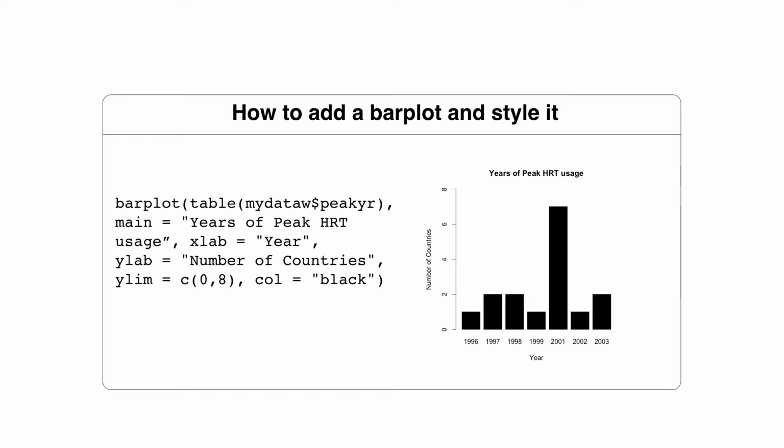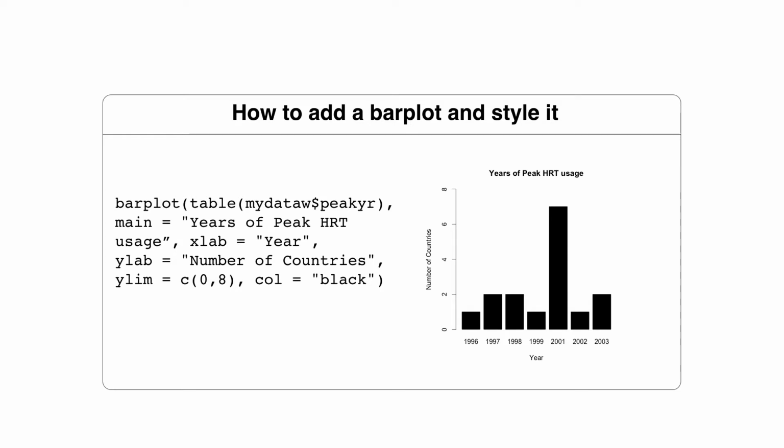In order to put a header, which is a stylistic part, on that graph, you will use the option main, and in this particular case we have decided that the main title should read as years of peak HRT use. Xlab basically stands for the label of the x-axis.